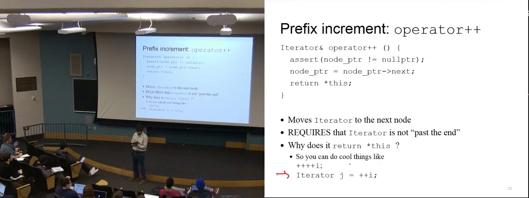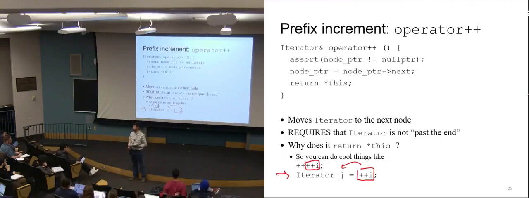No, because step one, do that. If the output was void, then what would you assign? If the output was iterator, then what would you assign? Well, the thing you just incremented. Same thing here. What should I increment next? Oh, the thing I just incremented. That's why returning references makes it possible to do two things on one line.